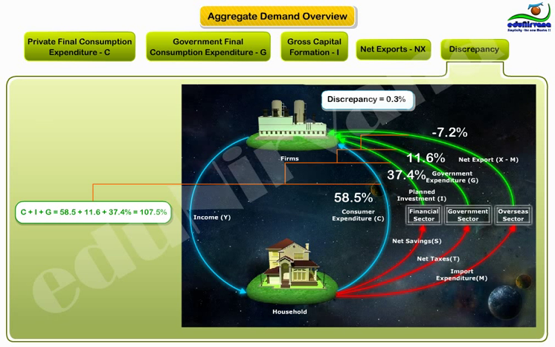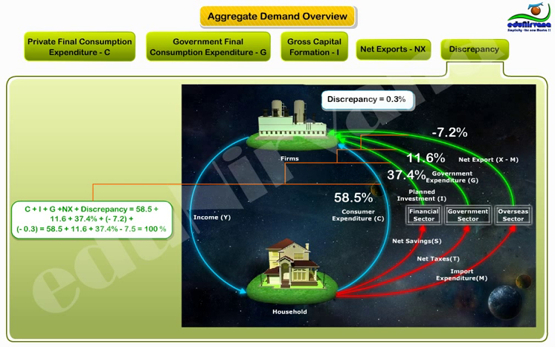But if you add net exports, minus 7.2%, and discrepancy, minus 0.3%, that is minus 7.2% plus minus 0.3%, it totals to minus 7.5%. The total is 100%, that is 107.5% minus 7.5% comes out to 100%.